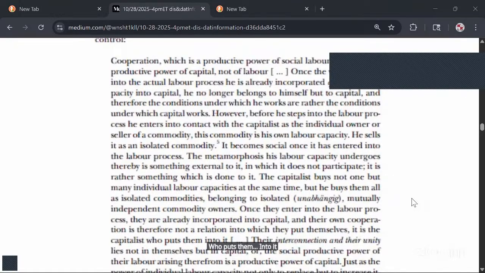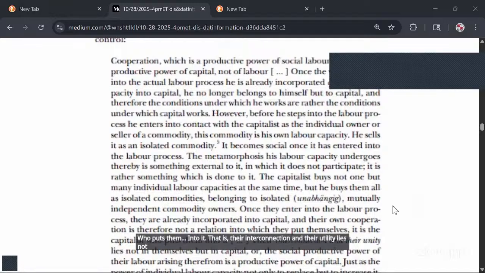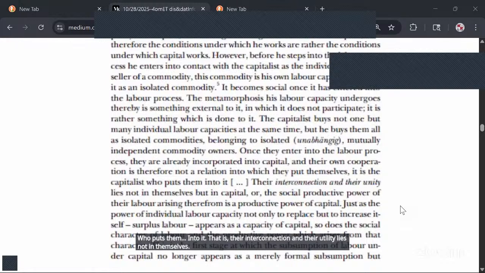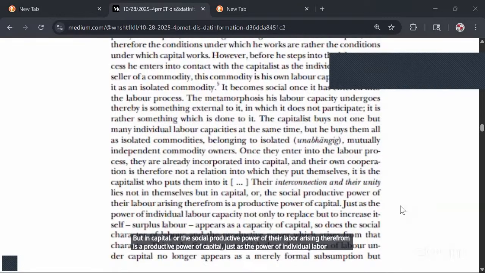That is, their interconnection and their utility lies not in themselves, but in capital, or the social productive power of their labor arising therefrom is a productive power of capital, just as the power of individual labor capacity, not only to replace but to increase itself, that is surplus labor, appears as a capacity of capital, so does the social character of labor and the productive power which arises from that character.